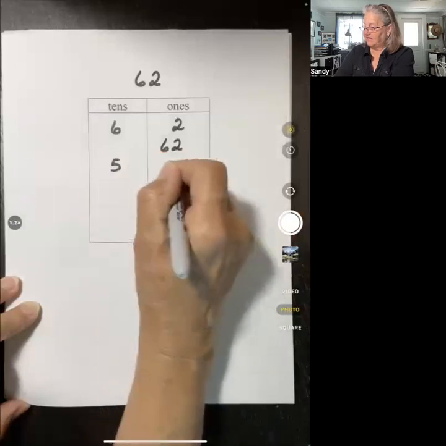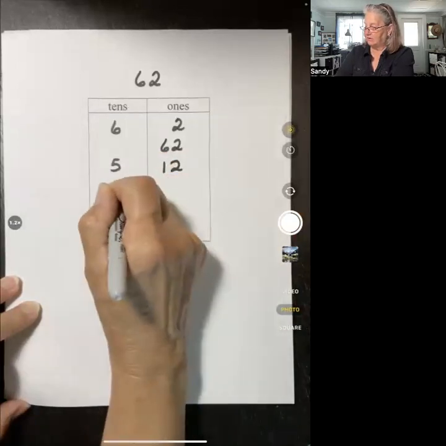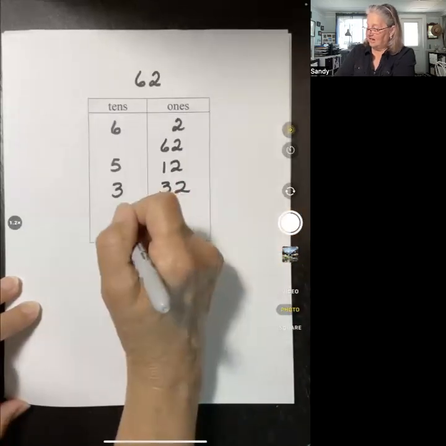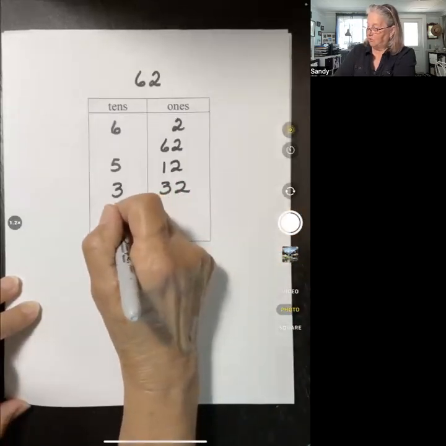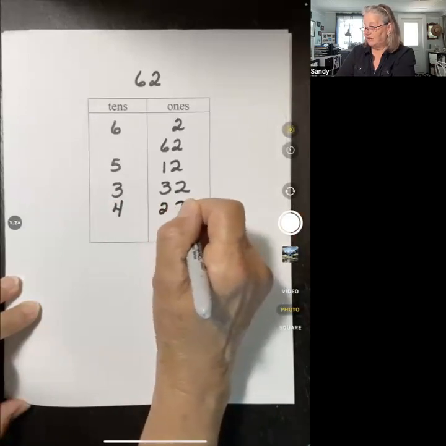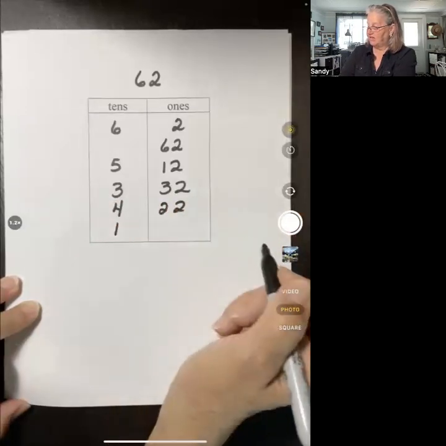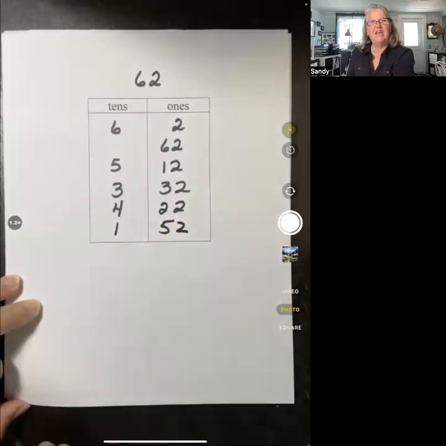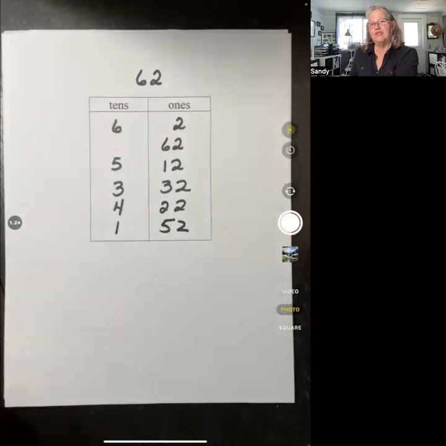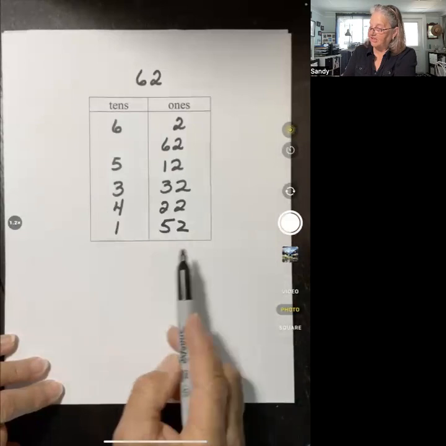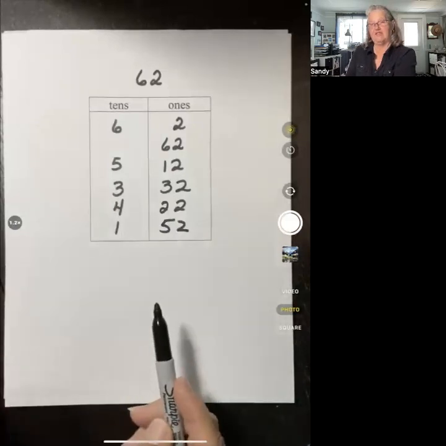As we said, 5 tens and 12 ones. I could make it with 3 tens and 32 ones. I could make it with 4 tens and 22 ones. I could make it with 1 ten and 52 ones. You get the idea. Now, when I do this with children, I'll have them talk about and notice all the ways, see if they have them all.